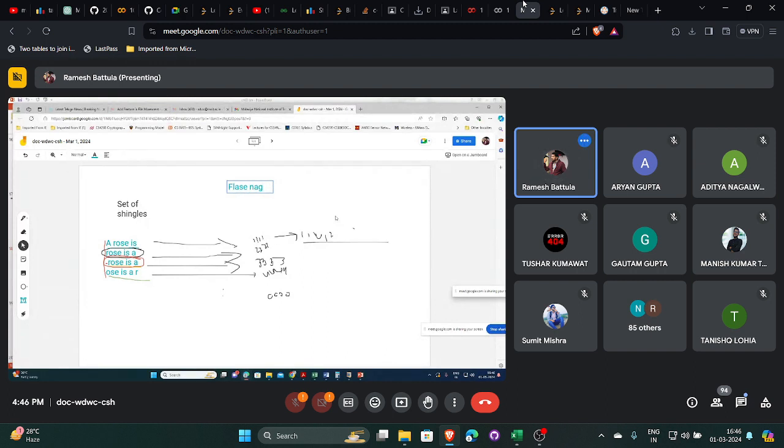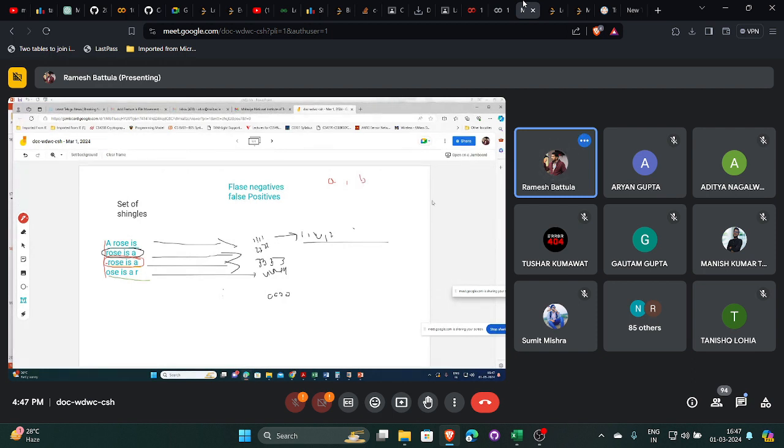Do you understand the difference between these two? Can anybody tell me the difference between false negatives and false positives? Let me take an example. Suppose A, B are two documents.